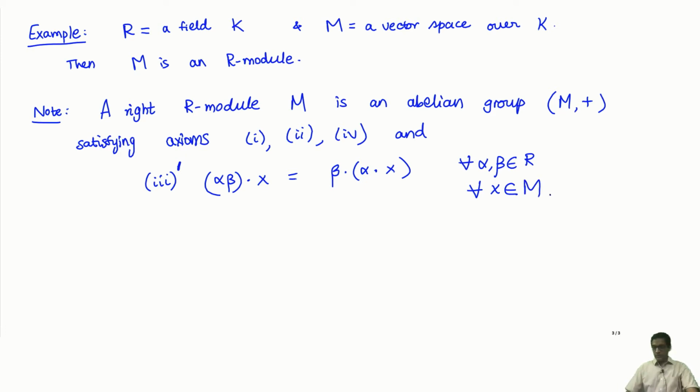So this is what it means for a module to be a right module rather than a left module, that the order of alpha and beta is interchanged. Now observe that if R is a commutative ring, then these two notions are really the same. If R is commutative, then the notions of left and right modules coincide.